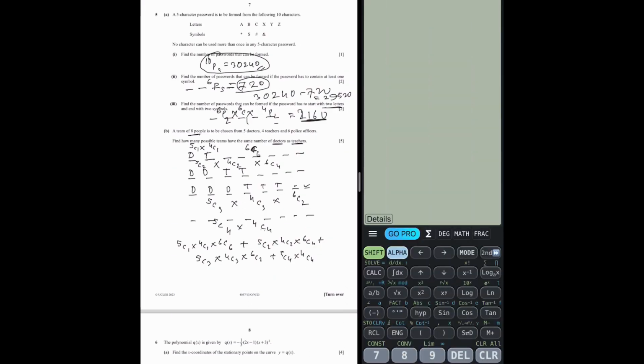Okay, 6C6 is 1, so total is 20, plus 5C2 into 4C3 into 6C2, this is 600, plus 5C4 into 4C4, so this is 5.